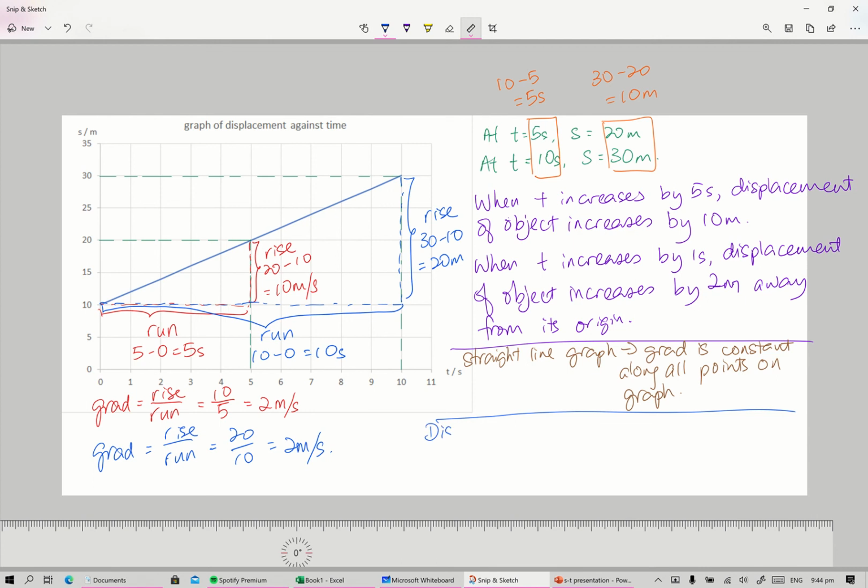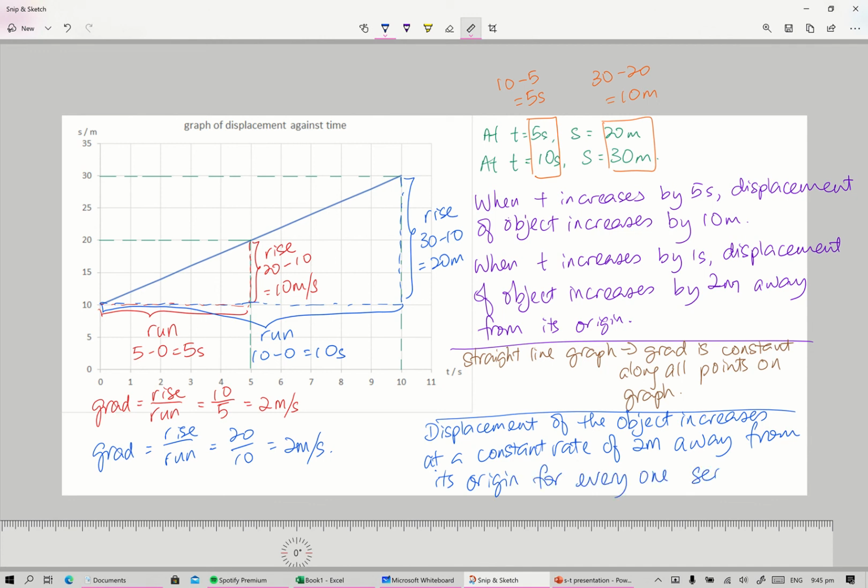Therefore, we can say the displacement of the object increases at a constant rate of 2 meters away from its origin for every 1 second.